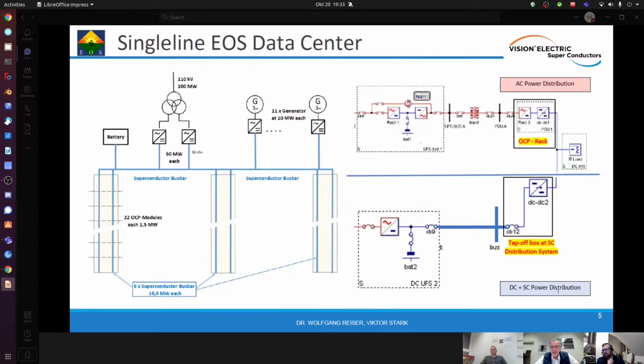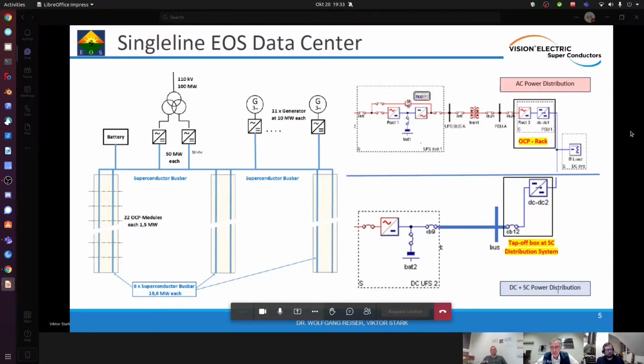You start, let's say, at the battery rectifier and the battery itself. So on the upper part, you have your rectifier feeding the battery, and you have a converter converting the DC voltage back to AC, because you want to transport a lot of high energy on a higher voltage level, because you want to reduce your losses.